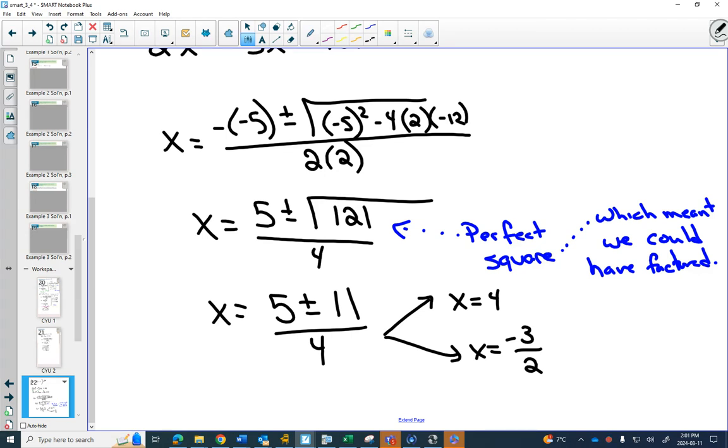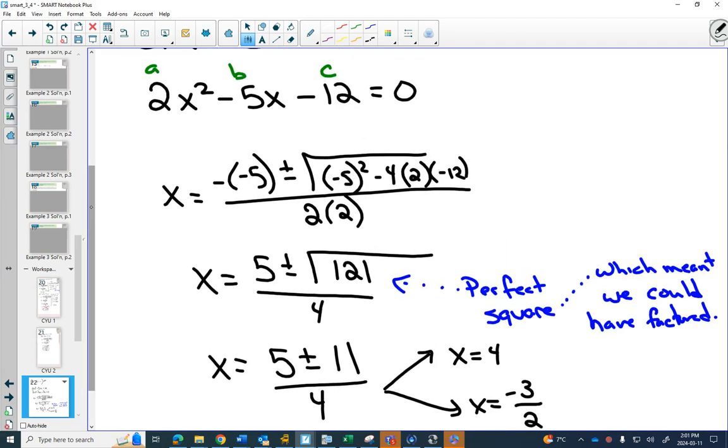I'm going to scroll up just a little bit. I'm going to go from this equation, and I'm going to say, hey, if I had factored it, the answers tell you what the factors are. In order to have 4 as an answer, does it make sense that one of them would have had to be x minus 4?